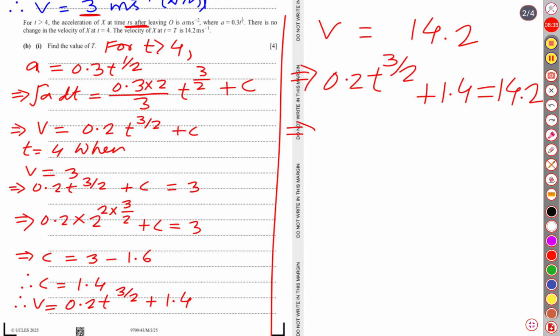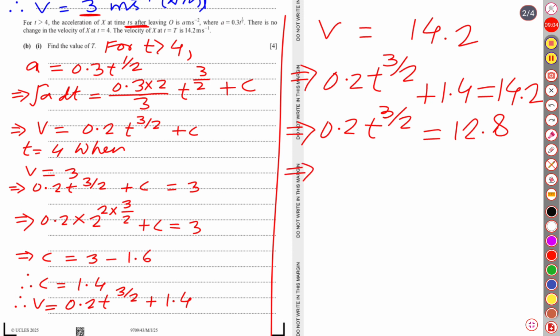So our t is supposed to be obtained. Okay, so 0.2 t raised to 3 over 2. Then if we subtract 1.4 from 14.2, it is going to be 12.8. Or if we divide this 12.8 by 0.2, that is 64.